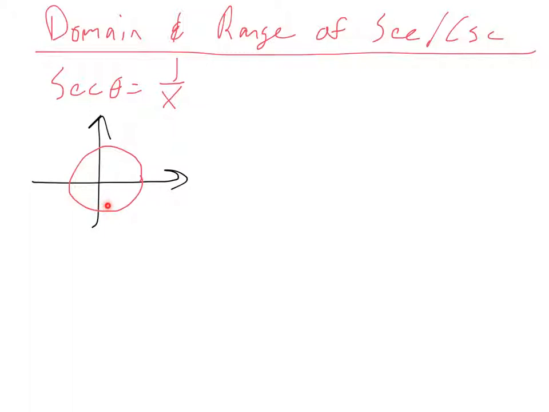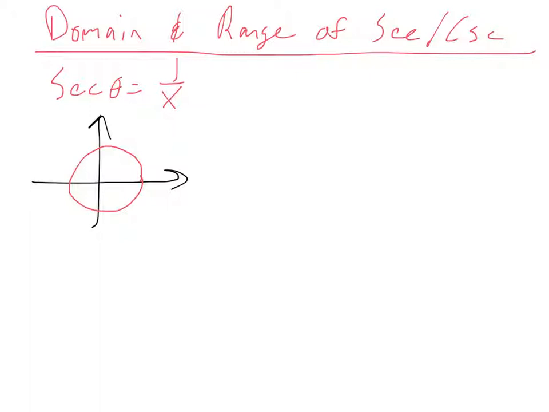And then we jump to the other side here, and x is positive again, so it's going to become positive, but it's also going to be really big, so it's going to come down from positive infinity to 1. So from 1 to positive infinity, and then negative infinity down to negative 1 and back down to negative infinity, and then positive infinity back to 1.